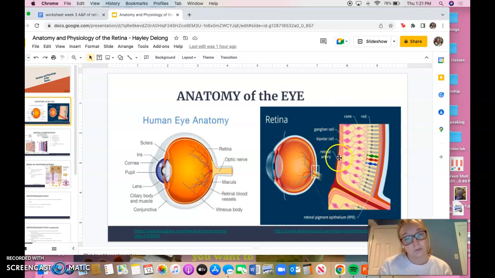This one would be the one that's closest to all of these blood vessels. All of these layers work together in conjunction: the light goes through them and then the signals go back into the brain so that you can process each thing. And I'll go over the physiology later.